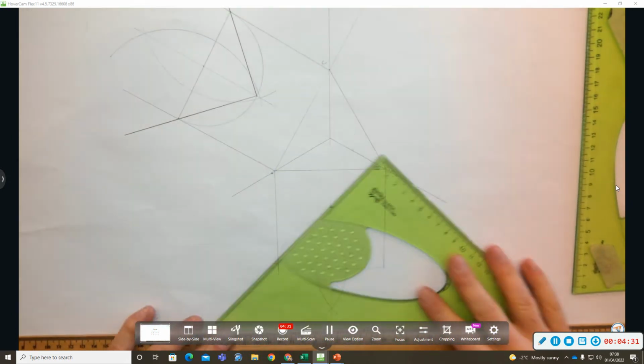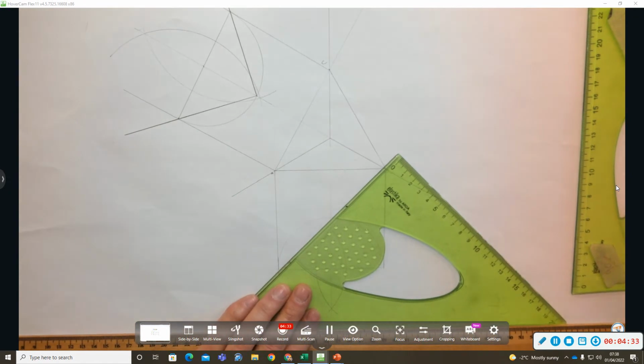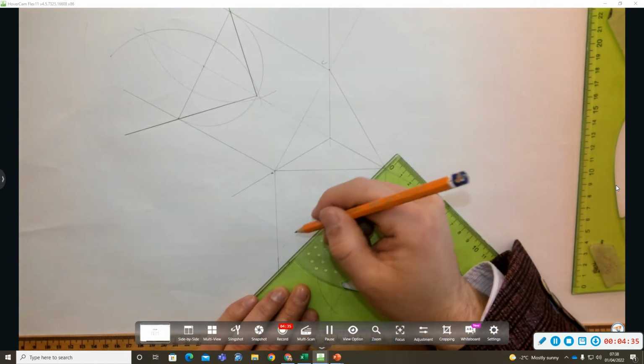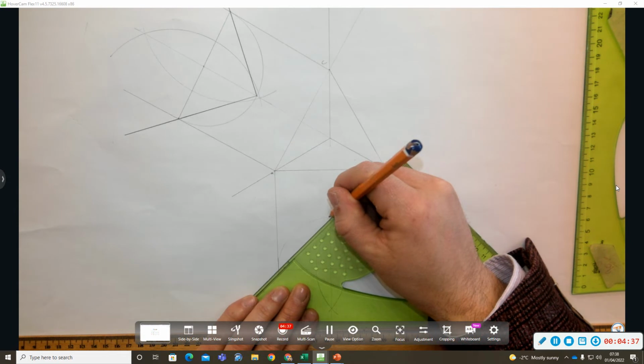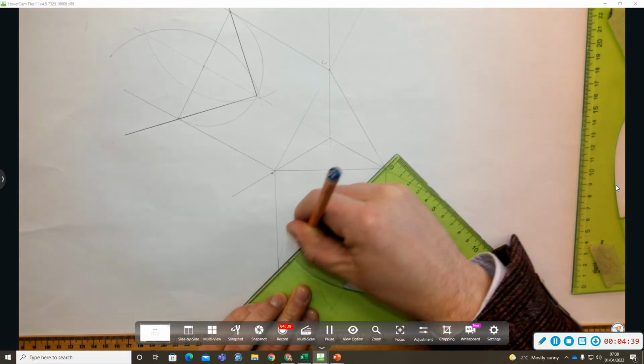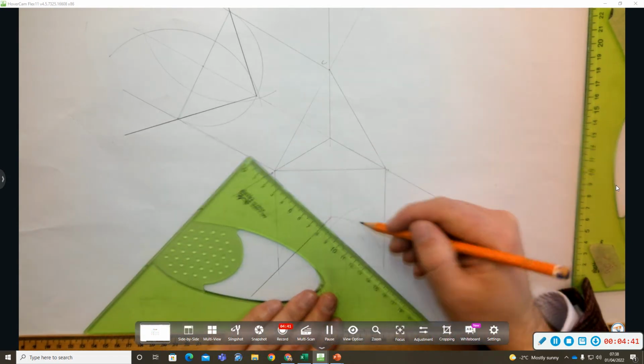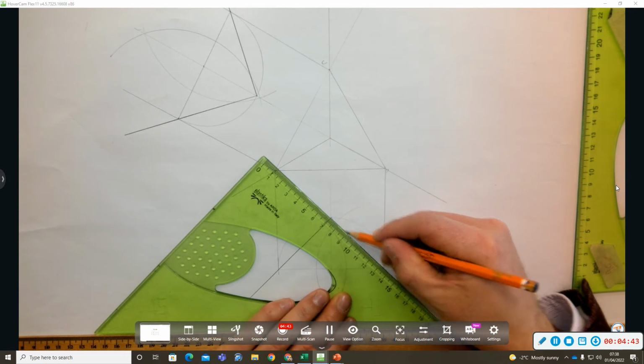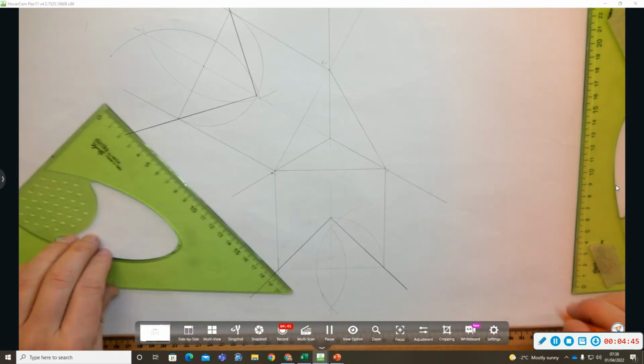And then the planes in their orientated position. Okay, and then we'll construct the views then. So I'm going to start then with the elevation.